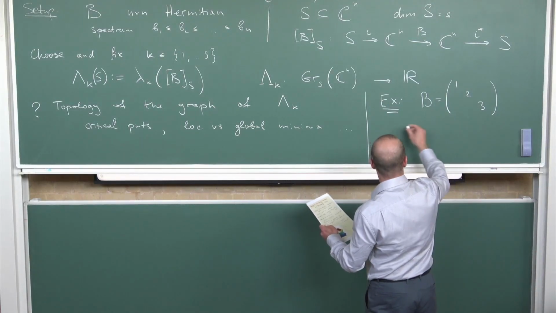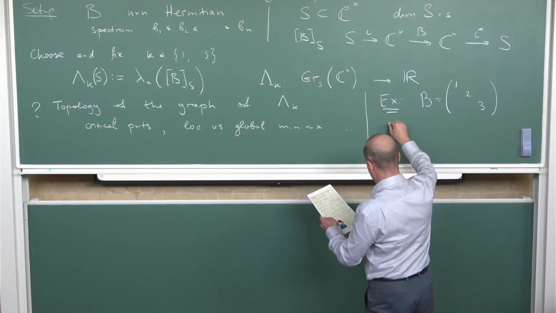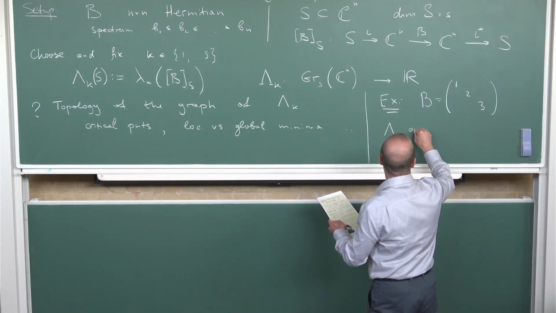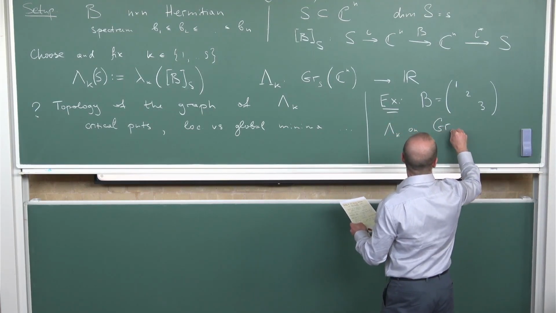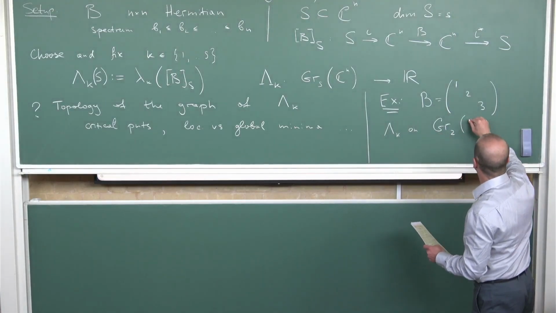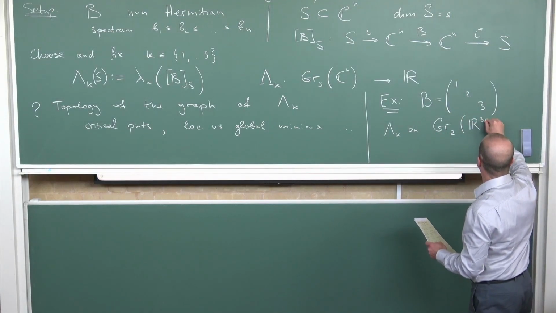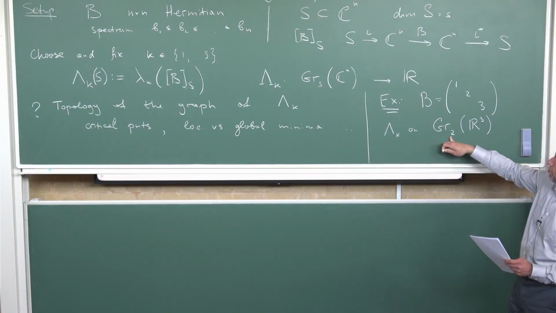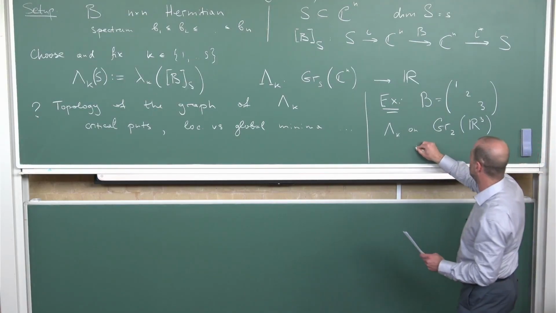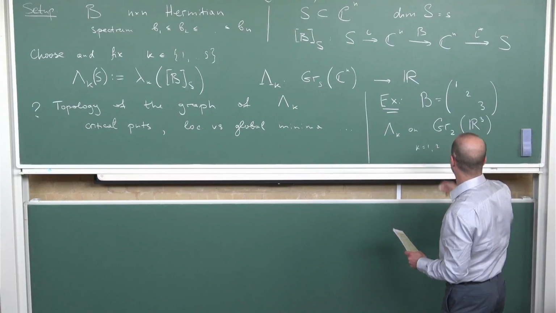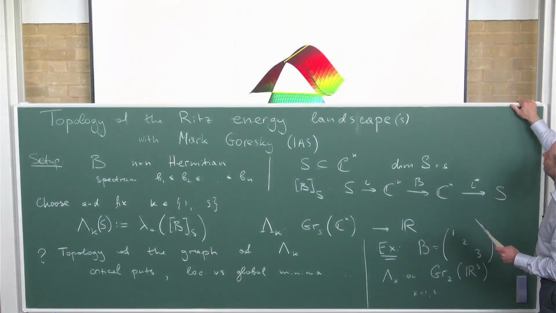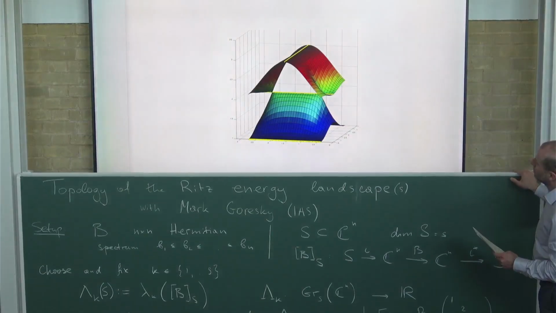My Grassmannian, this space: I'll plot lambda k on the two-dimensional subspaces of R3. So s is equal to 2, so I have two eigenvalues to choose from. And hopefully by now it warmed up. And this is the function.